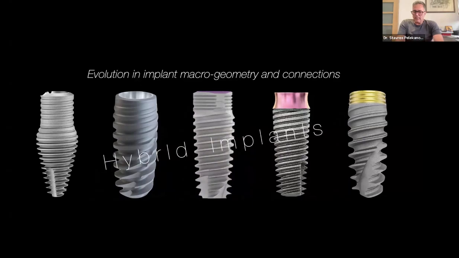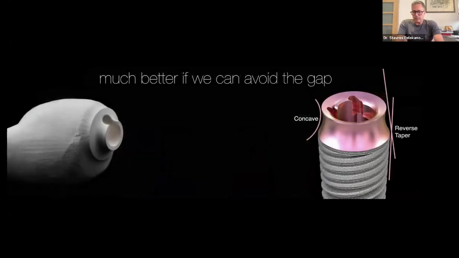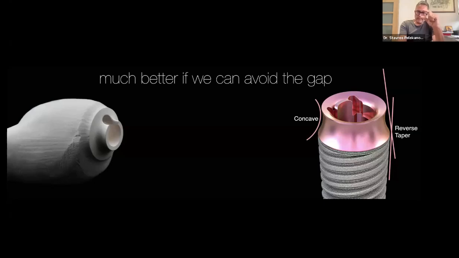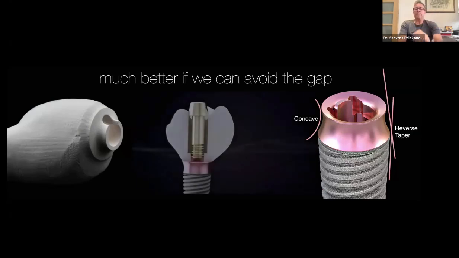We call it, let's say, hybrid design of implants, and much more if we can already have the deep zone in a concave way, in one piece, this would be the best. So like the TRI matrix, where we have the part of the deep zone already connected to the implant, which is like a soft tissue level implant, but only for the deep zone.